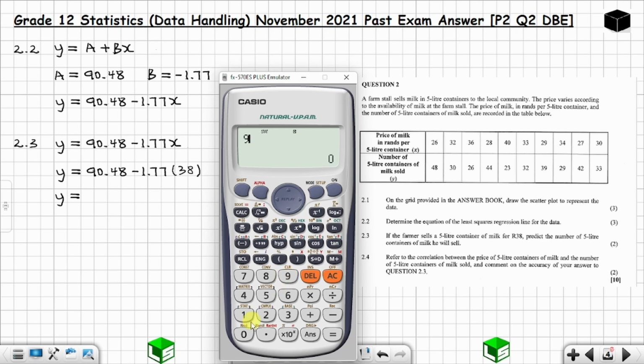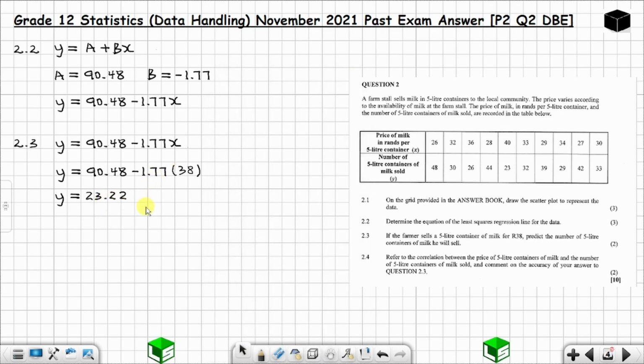So you have 90.48 minus 1.77. You have 38 in bracket. And this gives you 23.22. Can you see it? So it's 23.22, which is the number of units sold.